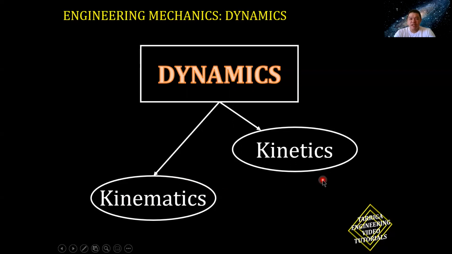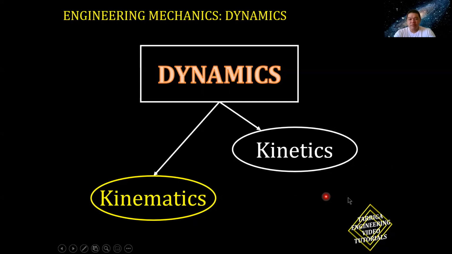Kinetics, on the other hand, is analyzing the forces that cause the motion. There you will see frictional resistance, centrifugal forces, reverse effective force. But in this video, we need to discuss kinematics first.